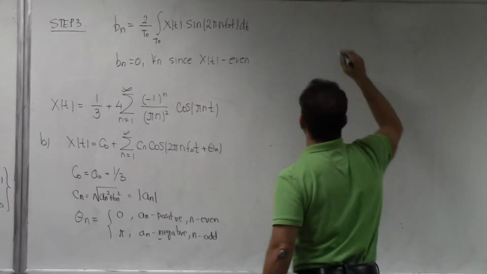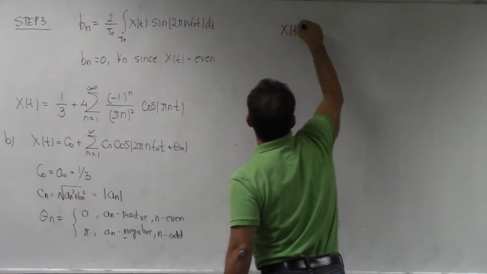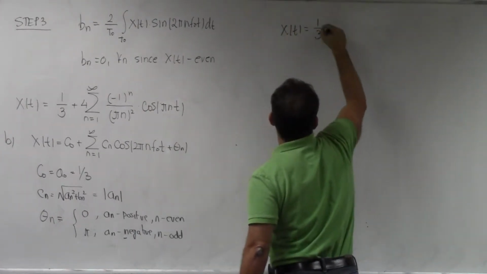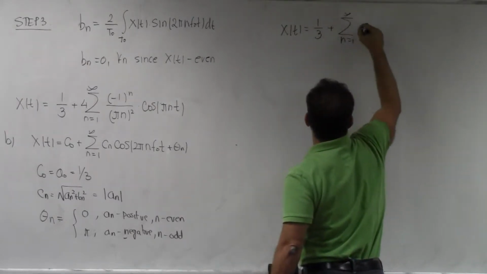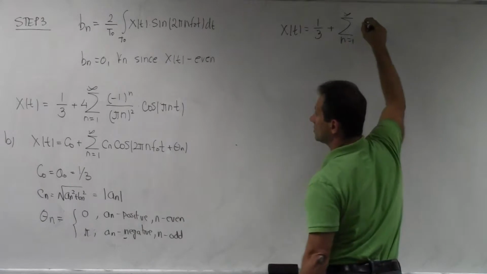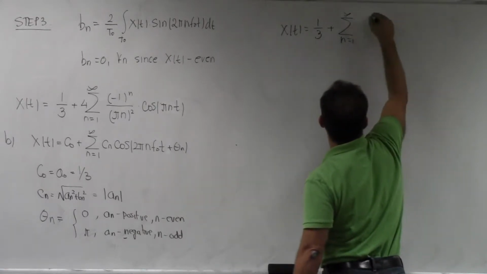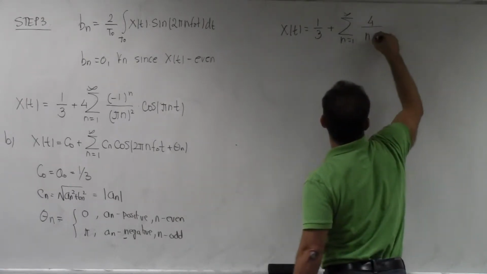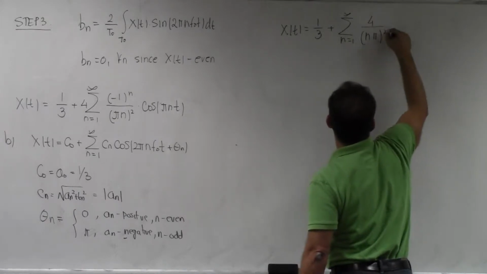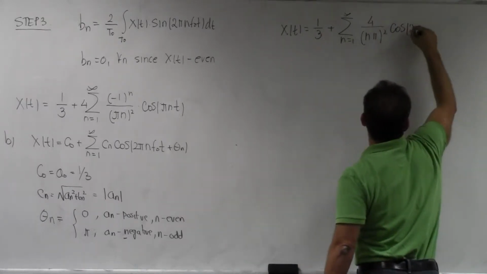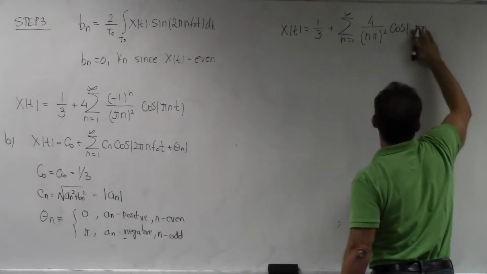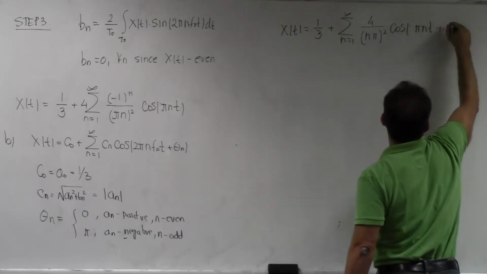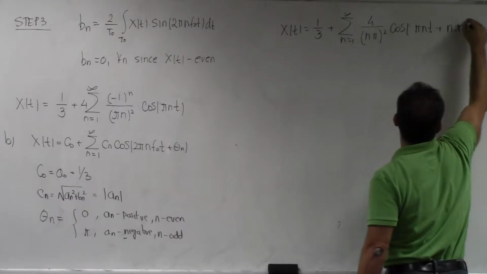x of t is going to be 1/3 plus the sum when n is going from 1 to infinity. Always a positive thing here. So it's going to be 4 over n pi quantity squared cosine 2 pi n, or I can just put pi n t plus n times pi.